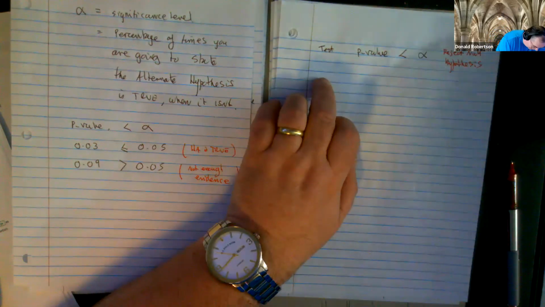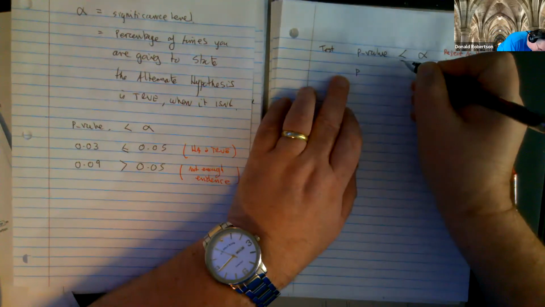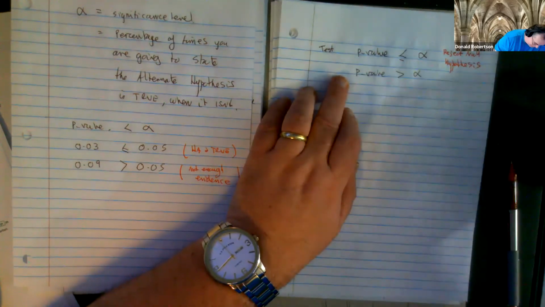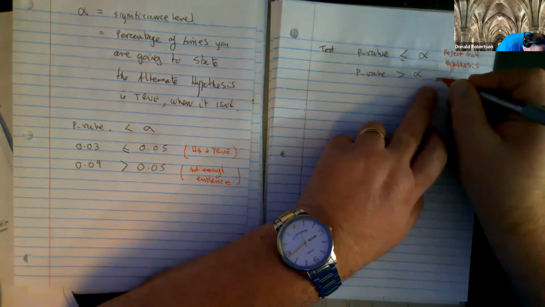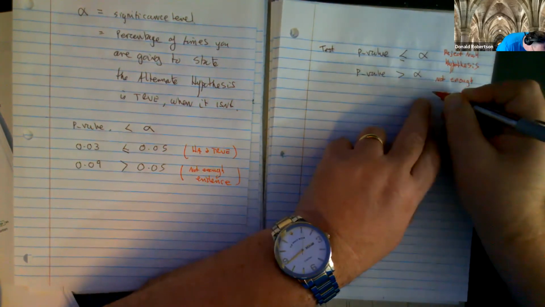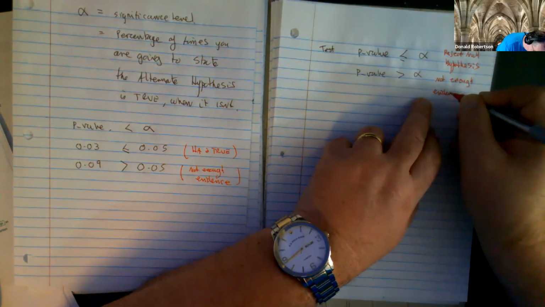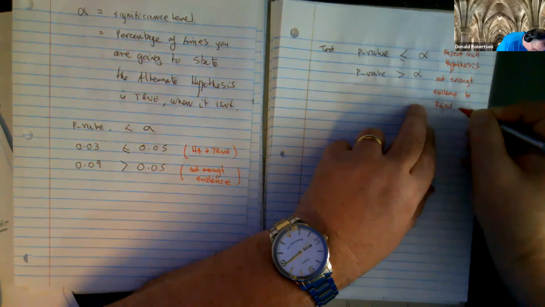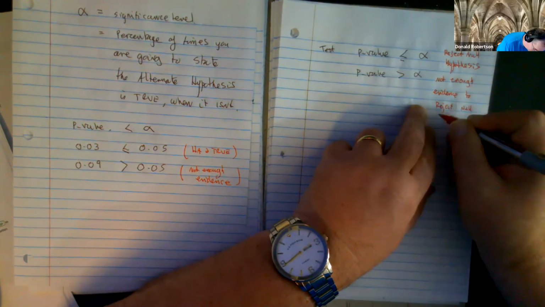Right? Now, if your p-value is greater than alpha, then you're going to have not enough evidence to reject the null hypothesis.